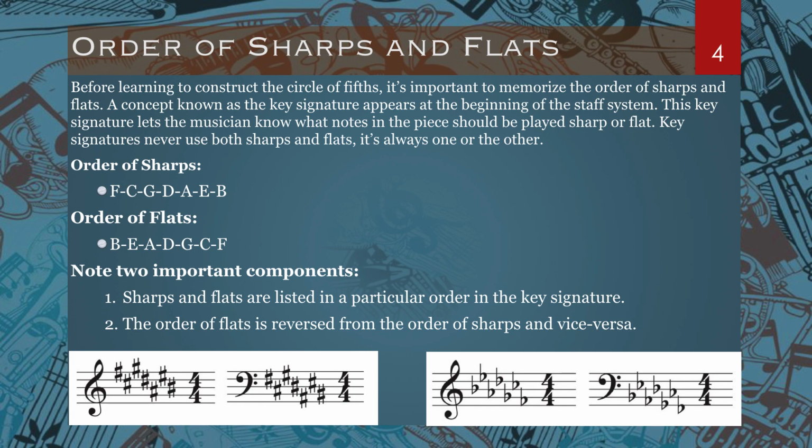So an F4 would be played sharp, an F3 would be played sharp. It doesn't matter what register it's in. The key signature applies to every note in the piece. So essentially what a key signature tells you is what notes in the piece should be played sharp or flat.